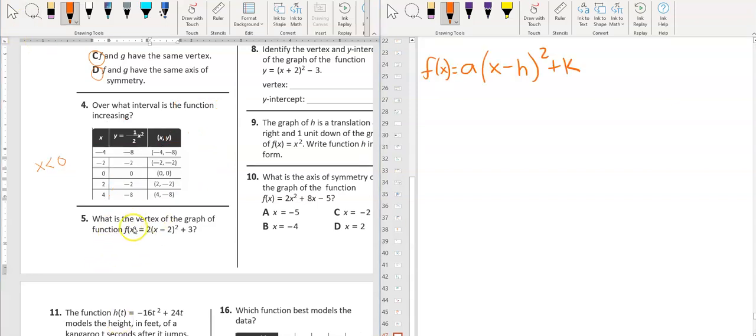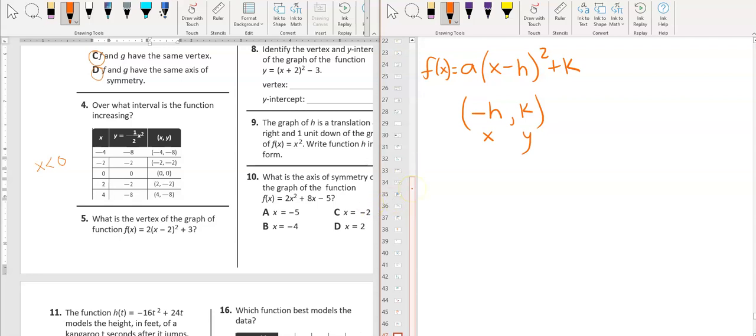All right, for number 5, we're looking for the vertex of this graph. Again, if you have forgotten about vertex form, this is what it looks like. And we get our vertex by finding the opposite of h and k. So the opposite of h is our x value of our vertex, and k is the y value of our vertex.